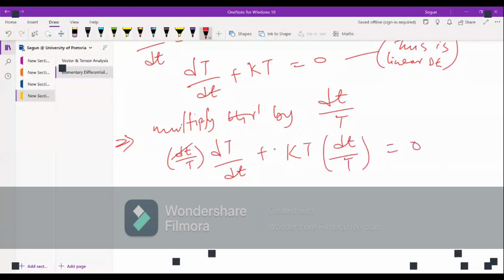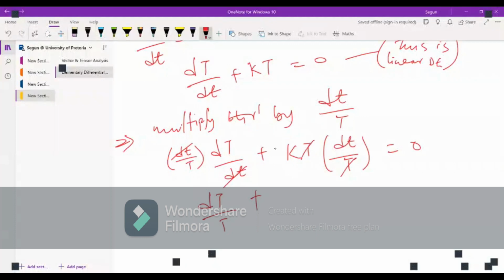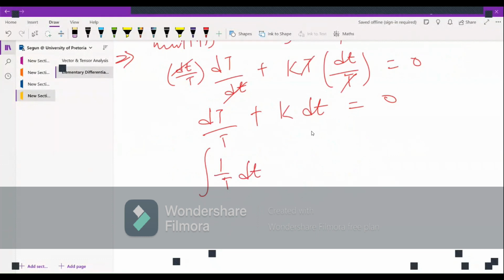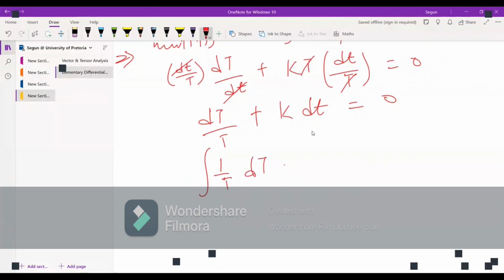So here you see this one cancels this. You have dT over T, temperature cancels the temperature, plus k dt equals to 0. Remember the way we used to solve it. We have the integral of 1 over T dT equals to minus k dt. Take it to the other side.